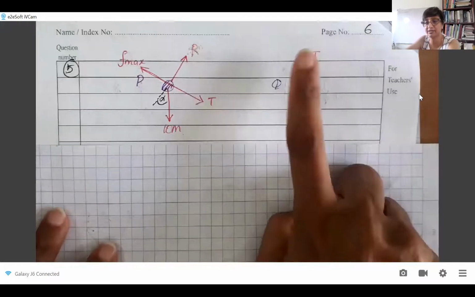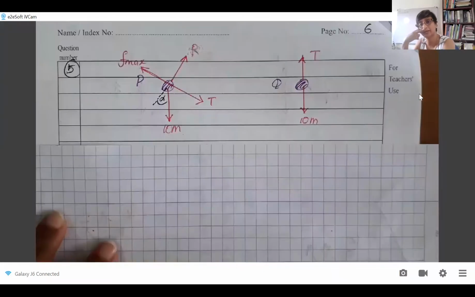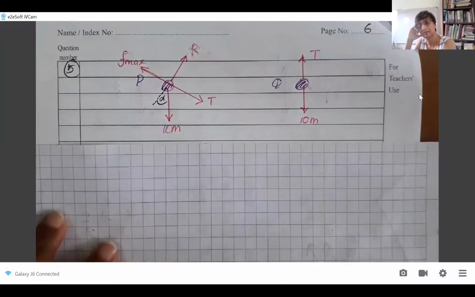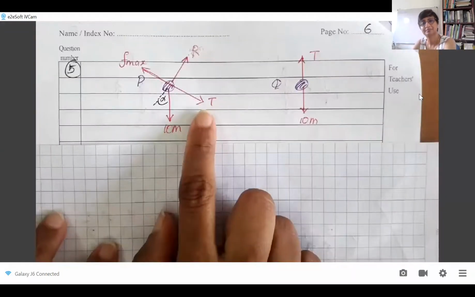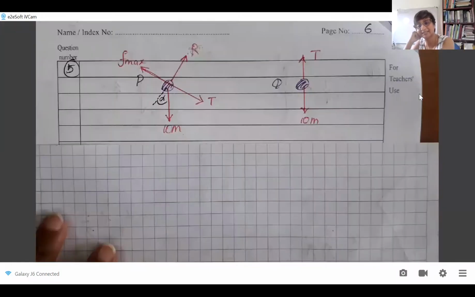If no tension, do you have only weight acting on Q in your diagram? That can't happen. I have forgotten to mention T on the other one, on P. Yes, that's where I went wrong. Others, have you gotten the diagram correctly?